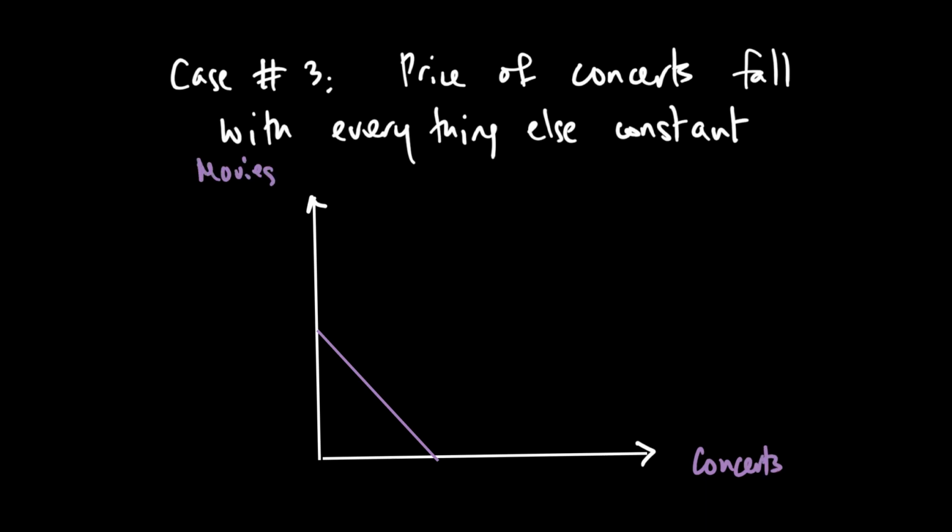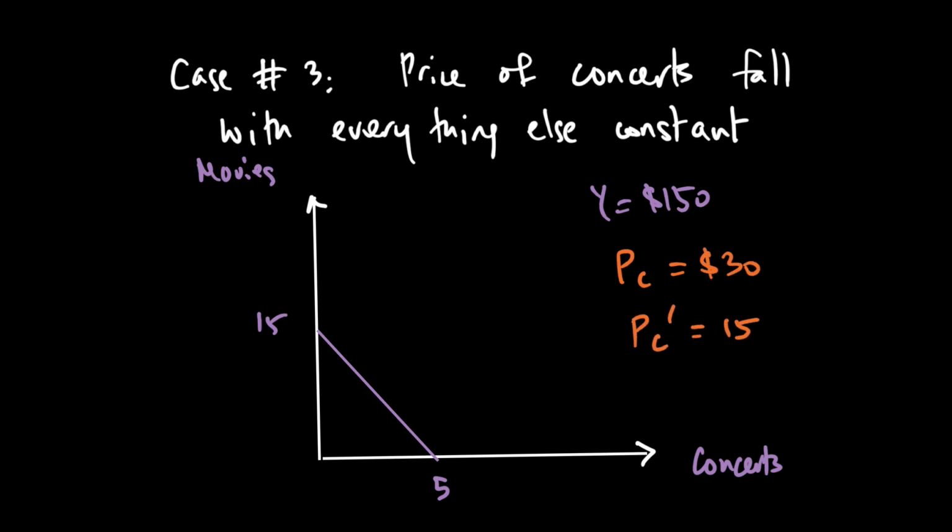And previously I was buying 15 and 5, and my income was $150. But what if now concerts fall in price from $30 to, let's say, $15? This means concerts are becoming cheaper, but movies still have the same price of $10. So 150 divided by 15 would be 10.